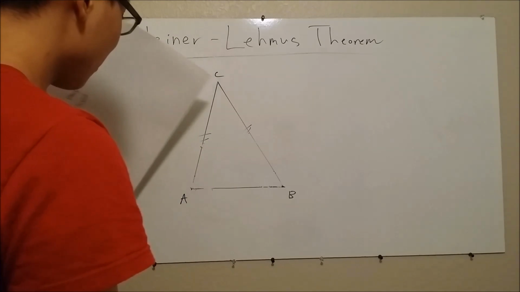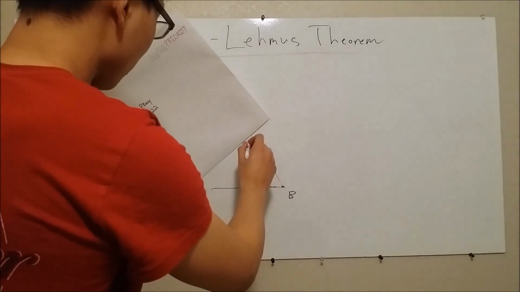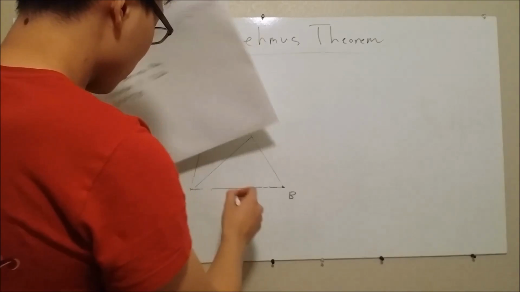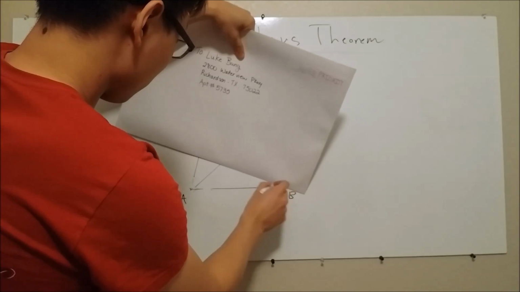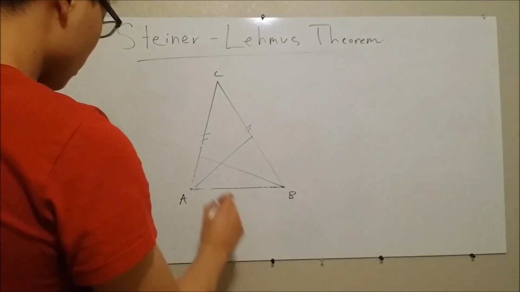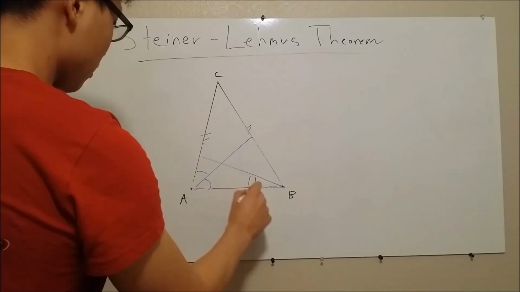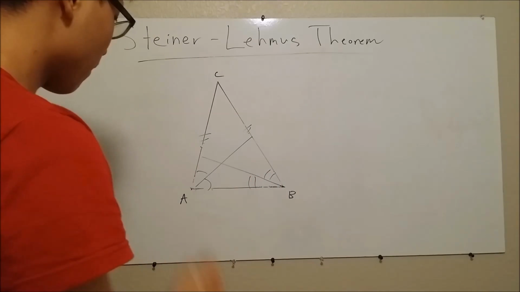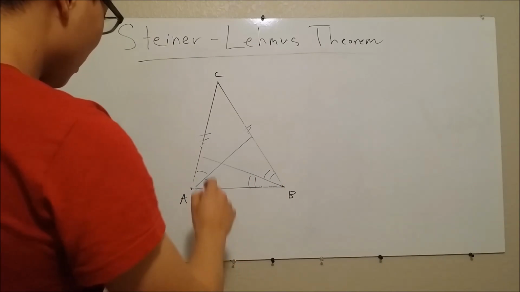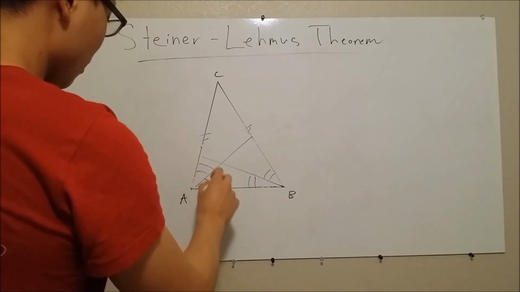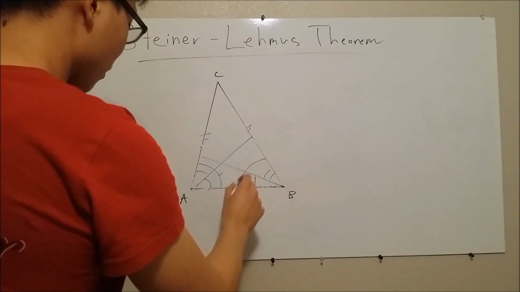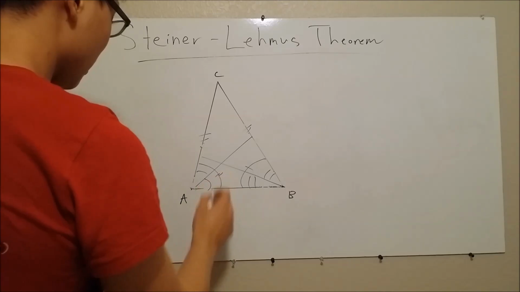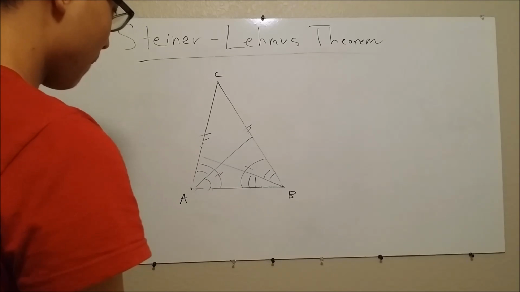Now to prove the converse, we draw two angle bisectors like before, like so. Since these are bisectors, we know that this angle over here is equal to this angle over here, since this is an isosceles triangle.